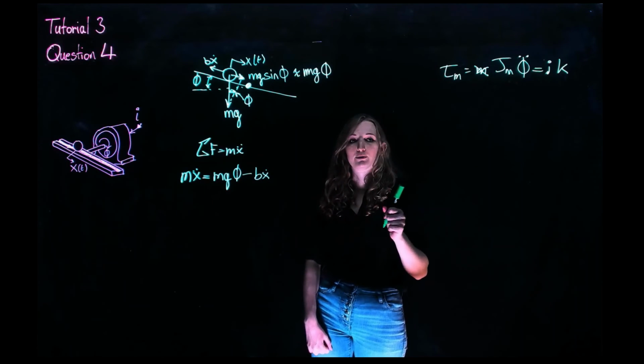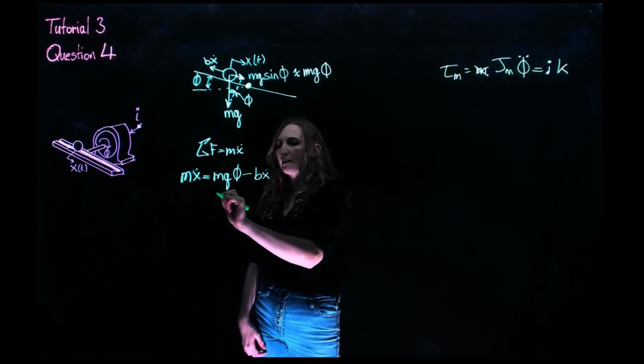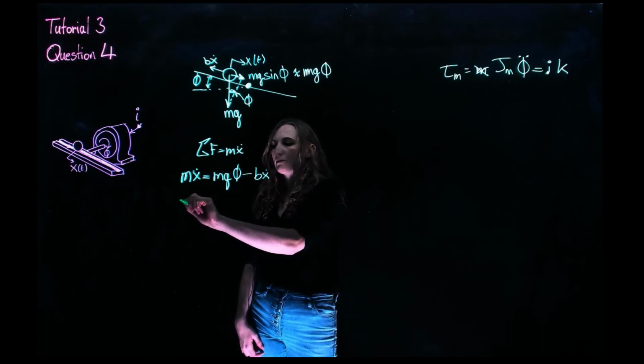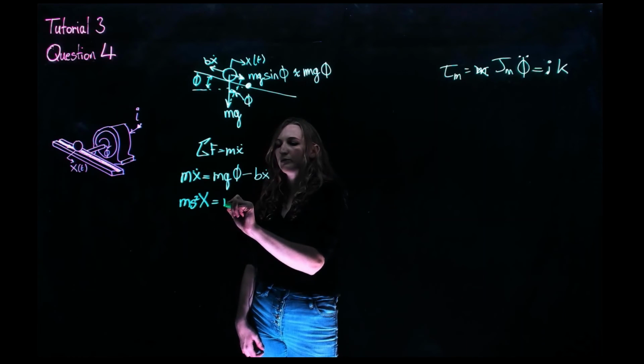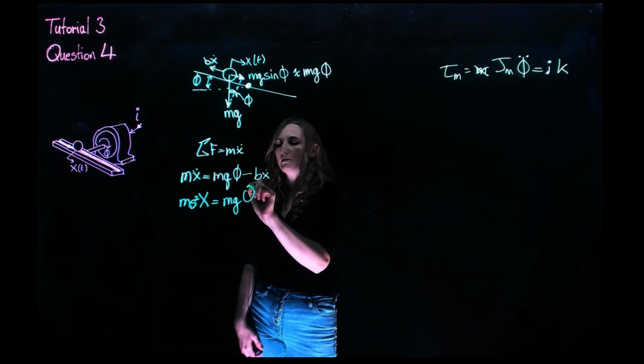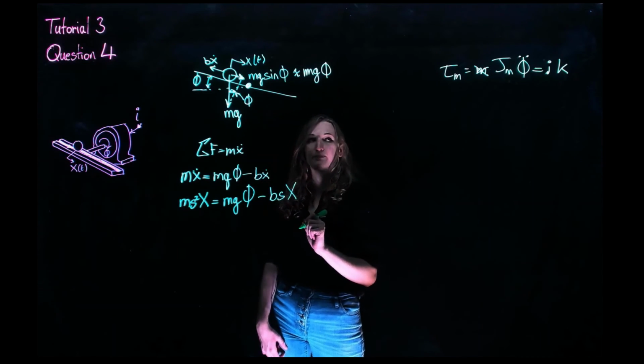Now we want to take the Laplace transforms of both of these before we put them together. So we get ms squared x equal to mg phi minus bs x.